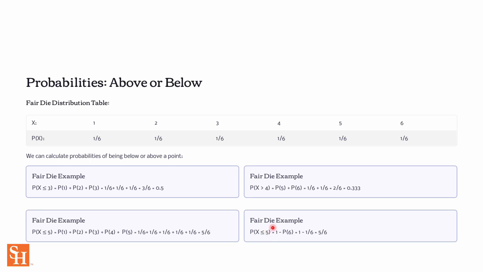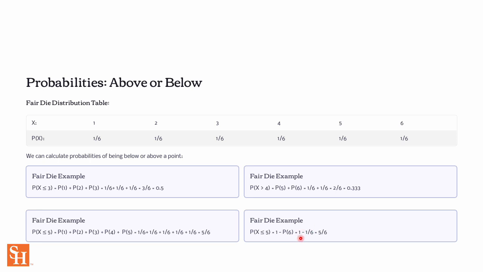We are asked what is the probability that at least 5 will appear, right? We know that the total probability is 1, and if we subtract the probability that the die will show 6, then these two things are the same. The probability that at least 5 will appear is the same as 1 minus the probability that the die will show 6, and it will give us the same number.